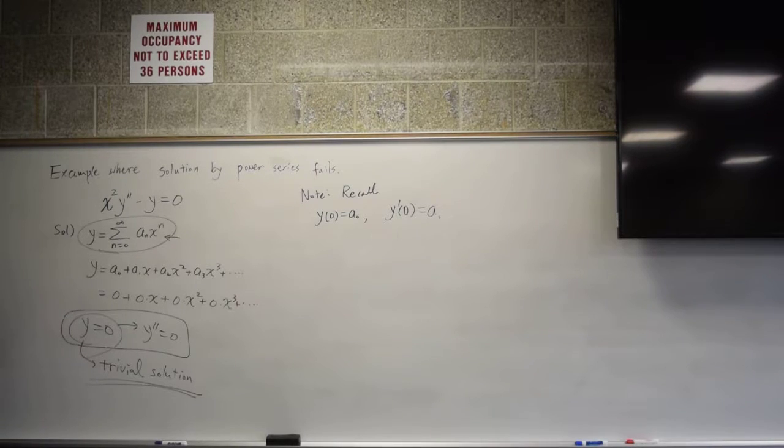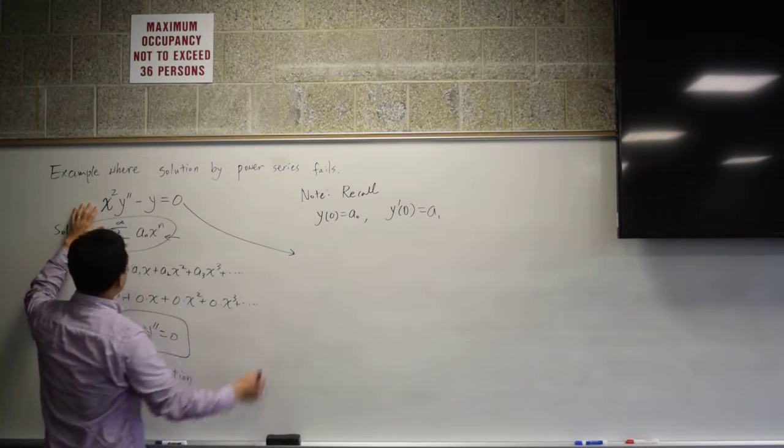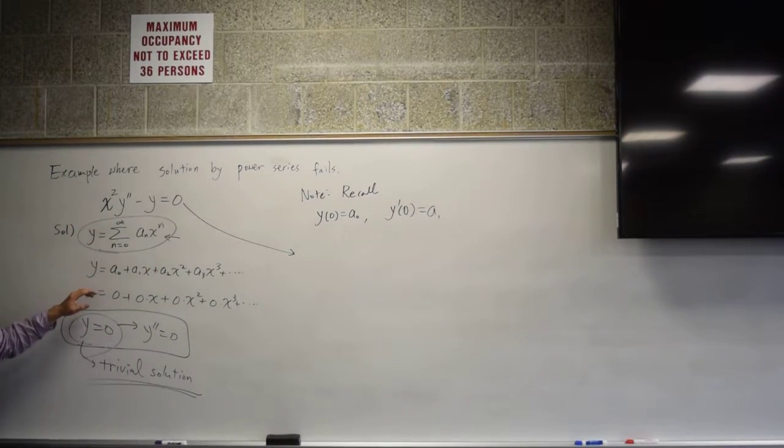But here, when we tried to solve it like this, we were forced to have a0 as 0 and a1 as 0. So that happened, and if you go back and see what this is saying, even before trying out this solution, you can already see that y of 0 would be forced to be 0.